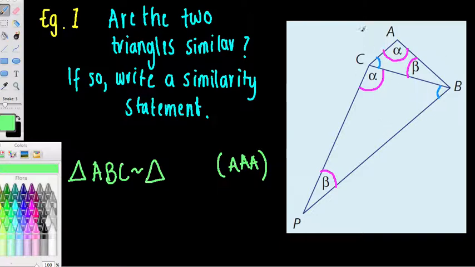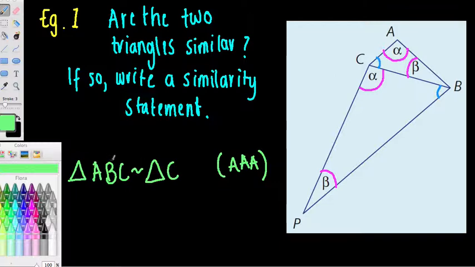Now, I must get this right. Have a look at the A. That's what I put first. What vertex does that correspond to in the larger one? Well, it's the vertex that's next to the alpha angle. So can you see that symbol in this triangle? There it is there. What vertex corresponds to that one? It's the C.